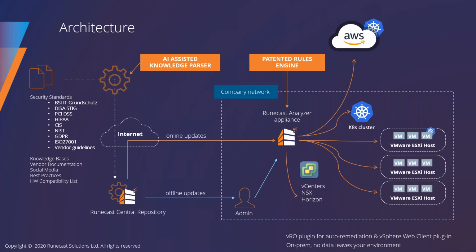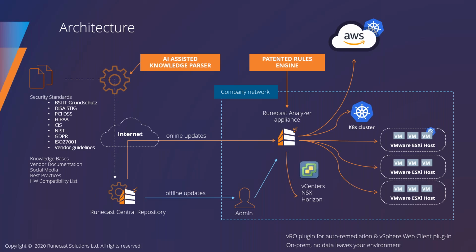Runecast is typically deployed on-prem, although since last week we have an option to deploy it on the AWS Marketplace as an AMI. So you have that flexibility, and it's important to remember that it doesn't need internet connectivity to work. It's just recommended for you to update the rule set on a regular basis.